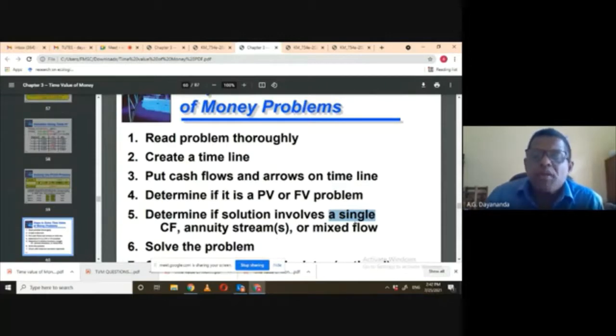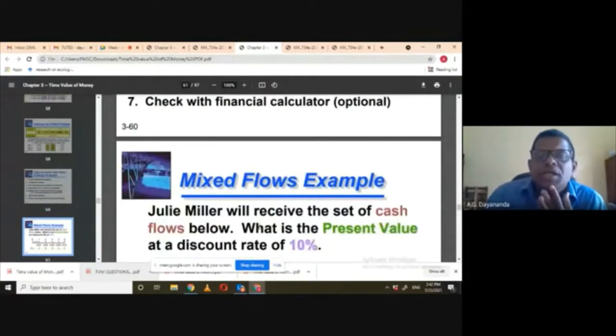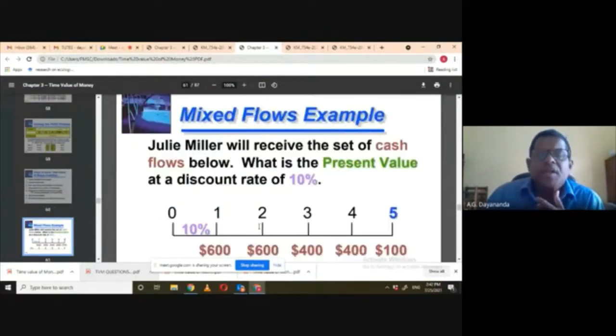And now what we are going to do is discuss the mixed flow. Whatever the pattern of cash flow, it needs to be identified before calculating your answer, right? So today's new point is the mixed flow of cash flow.